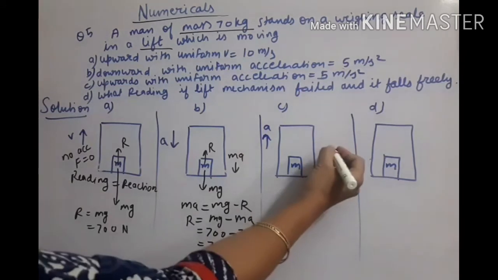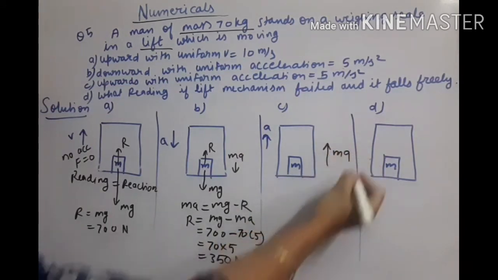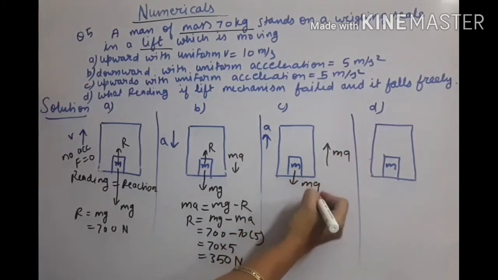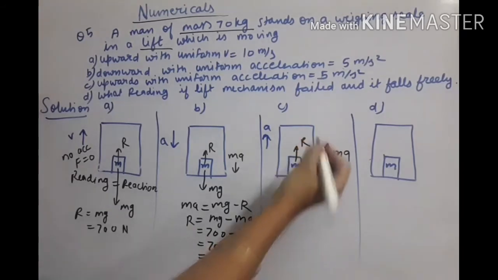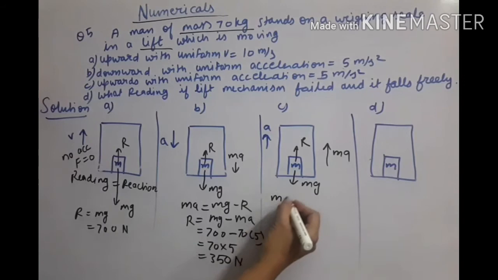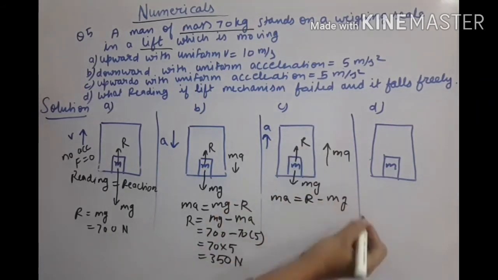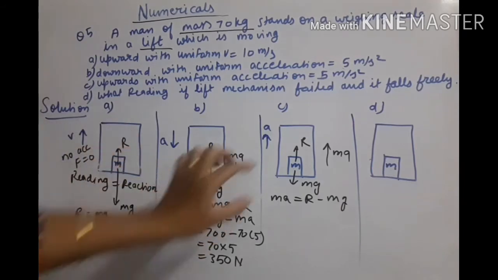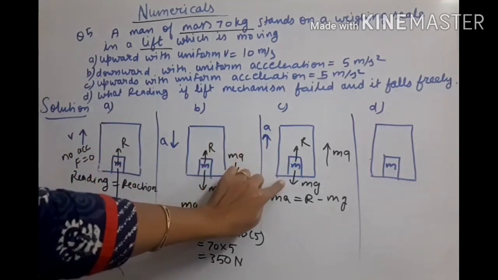Okay. Now let us come to the C case in which the lift is moving upwards. What is the change? Only the ma direction is upward; mg was down, R was up. We have to make the equation connecting these three forces. So ma is equal to R minus mg. R and mg are opposite, so we will subtract them.